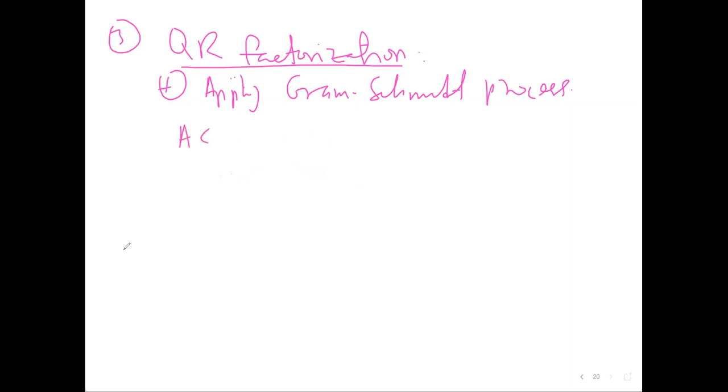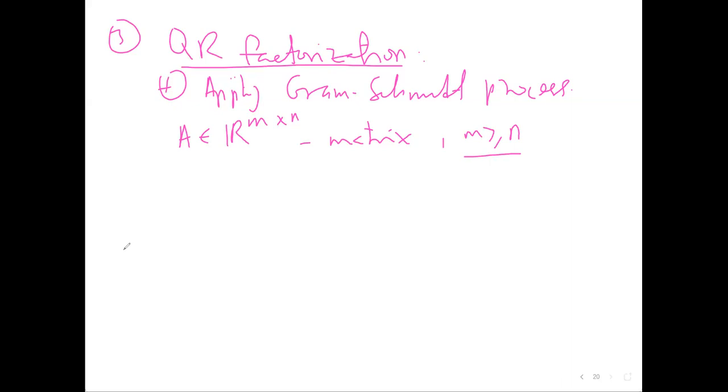So we have an A, which is an M by N matrix, and it could be M is greater than or equal to N. So it doesn't have to be symmetric. It doesn't have to be a rectangle or a square. We just need an M by N matrix.